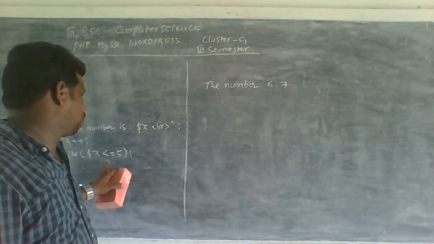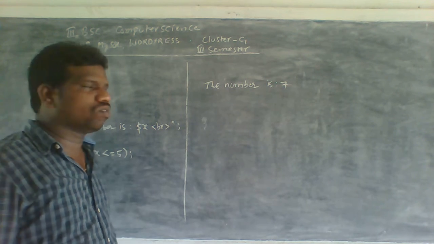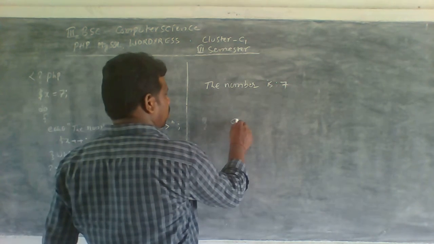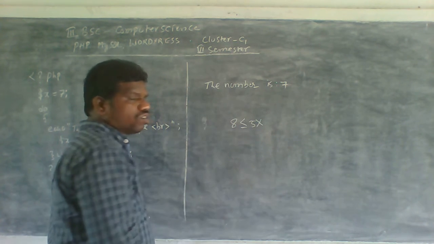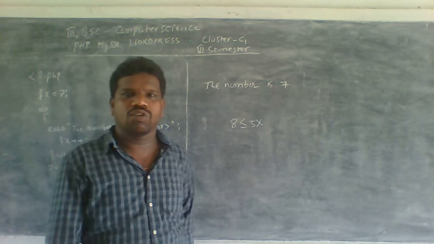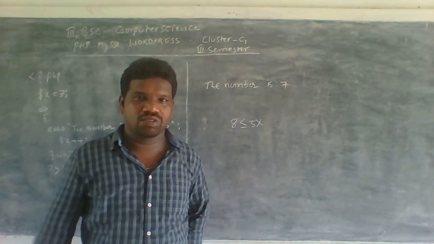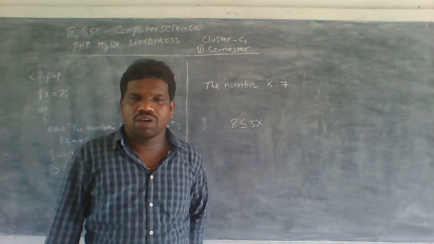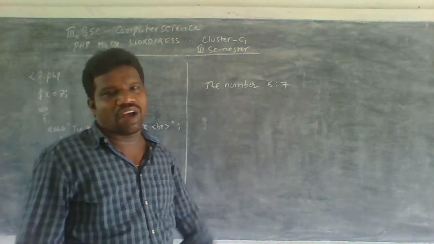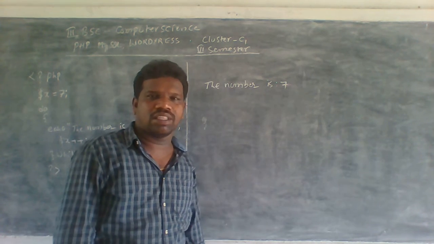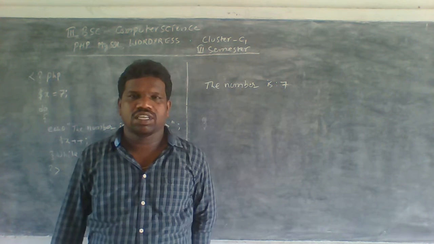X less than or equal to 5, x is nothing but 8. 8 less than or equal to 5, condition is false. Okay, so whenever the condition is false, automatically the loop execution will be stopped here.